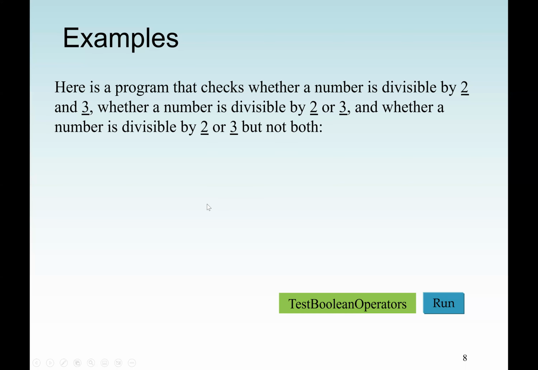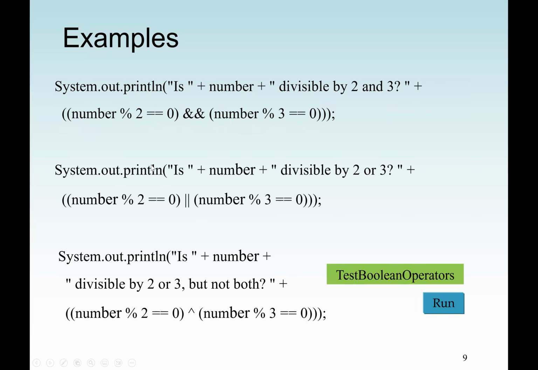But here we didn't use the logical operators, so now we're going to see an example for the logical operators. Here you can see that we have two conditions. We are checking if number modulus 2 equals 0 and number modulus 3 equals 0, which means we want to know if the number we enter is divisible by 2 and also divisible by 3.